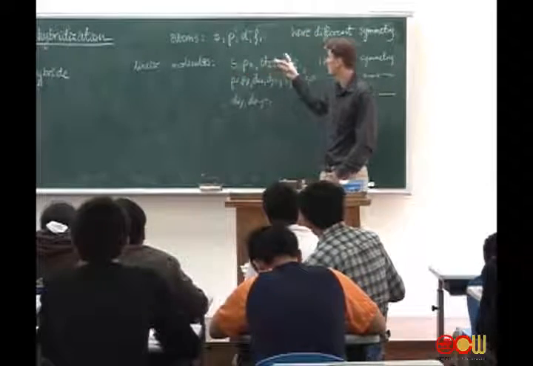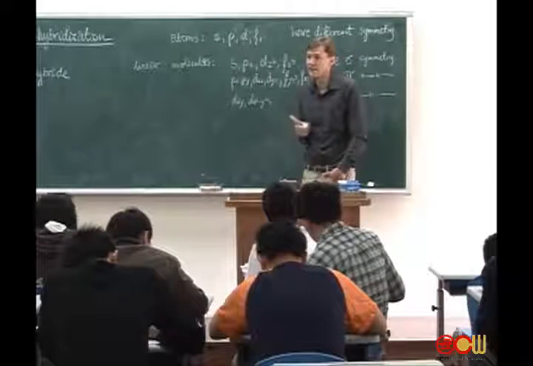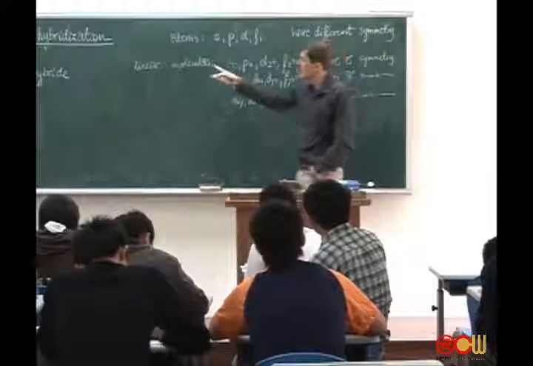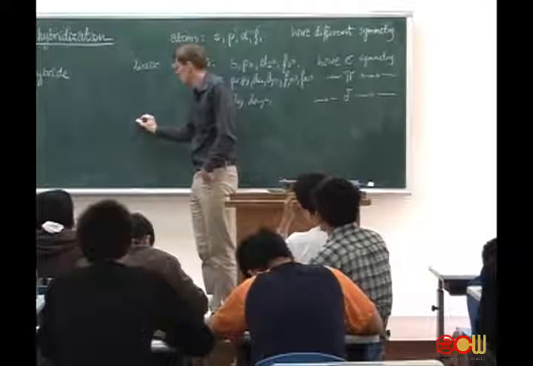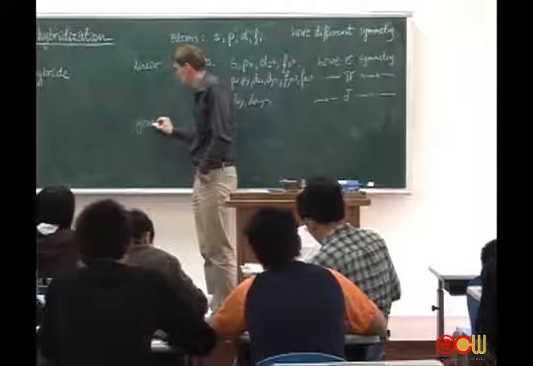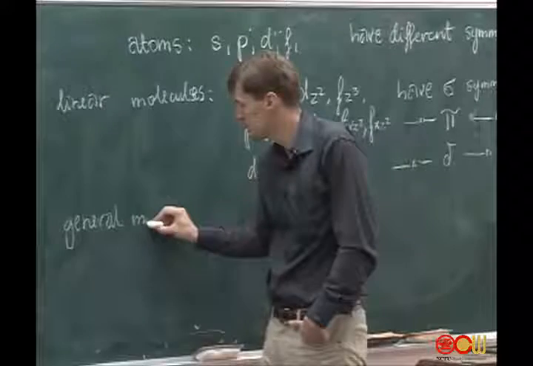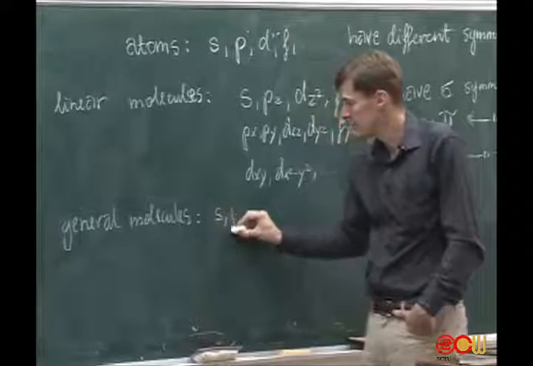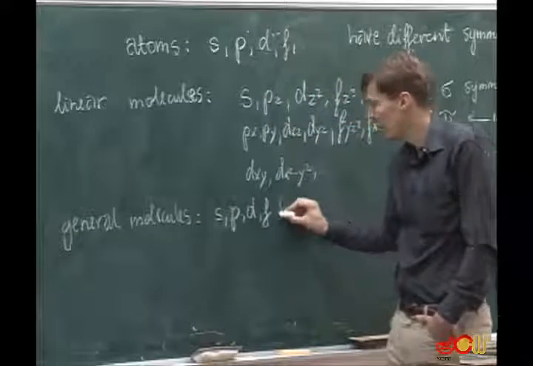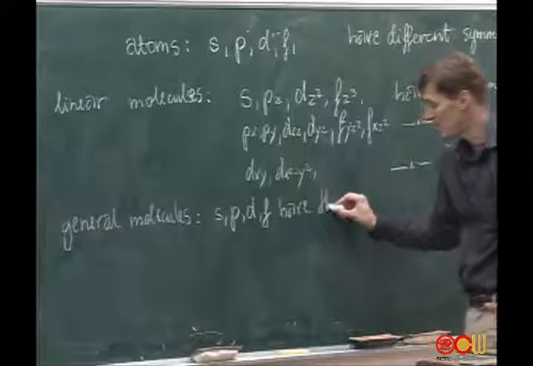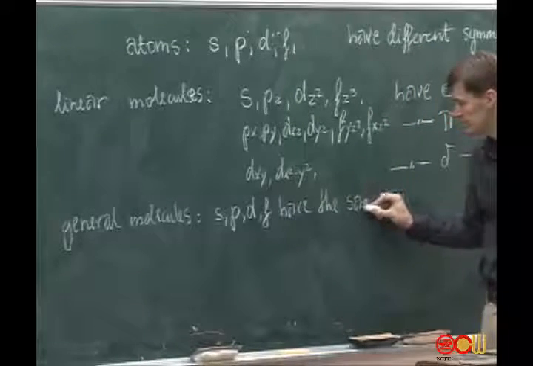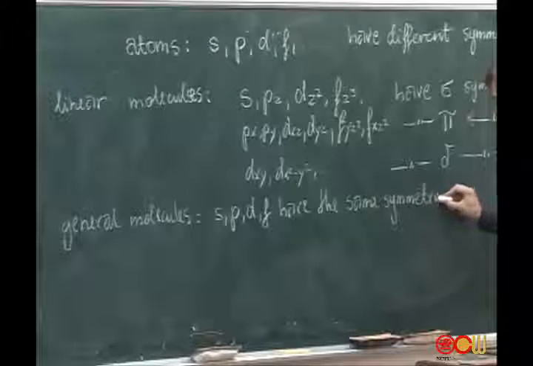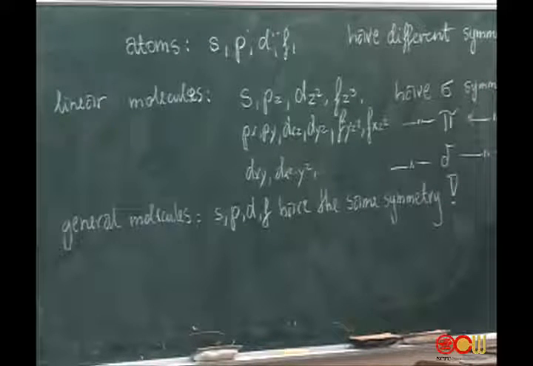So I can make a linear combination of these in one single atom before going to the molecule. It turns out that if you don't have linear molecules, general molecules, then S, P, D, F have the same symmetry, and I can mix everything with everything.